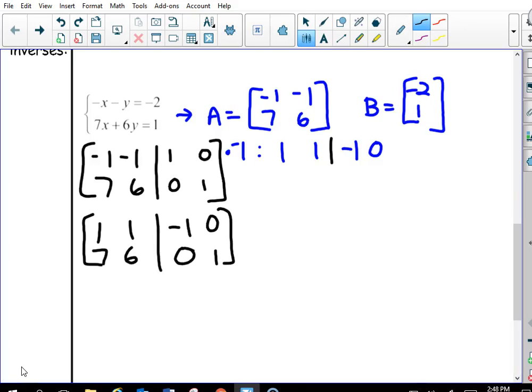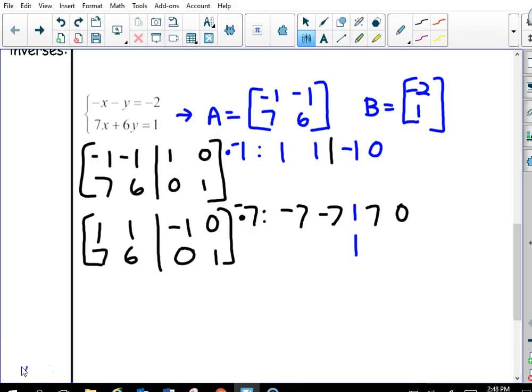Okay, now I need in row 2, column 1, I need a 0 instead of that 7. I'm going to use row 1, and I'm going to multiply it by a -7. And then I'm going to combine it with row 2 to get a better row 2. So -7, -7, -7, +7, and 0.